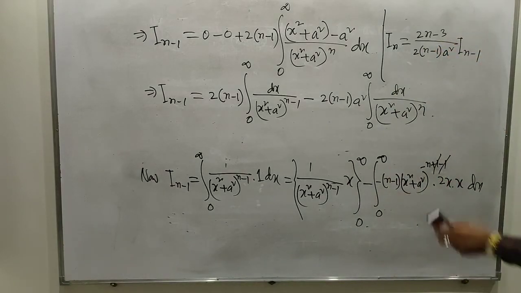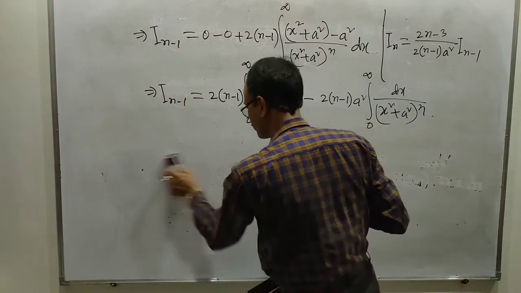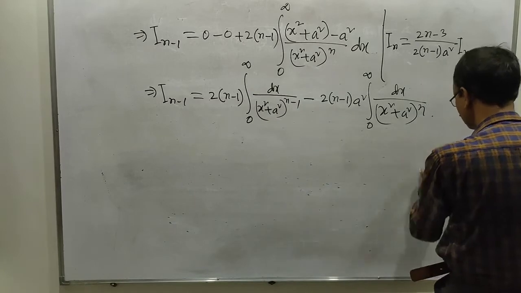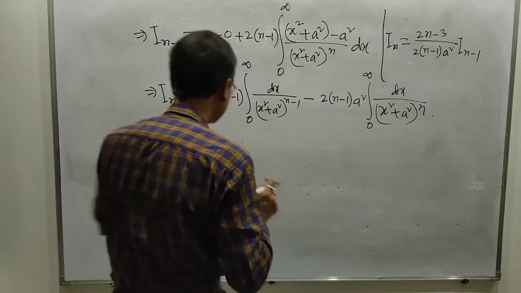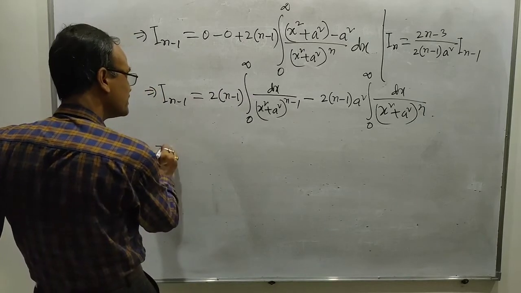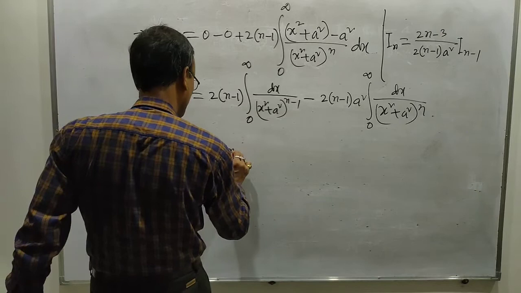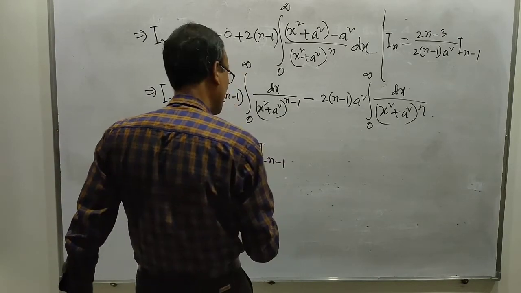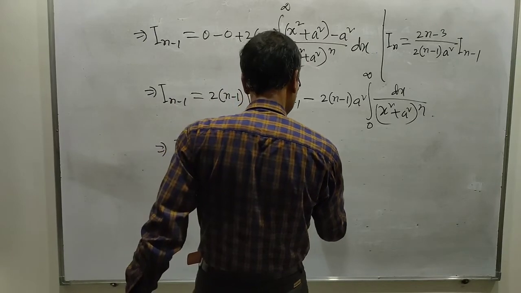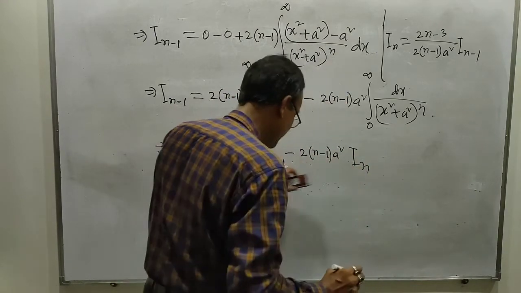This means I_(n minus 1) equal to 2 times of (n minus 1), it is again I_(n minus 1), minus 2 times of (n minus 1) a square, it is I_n.